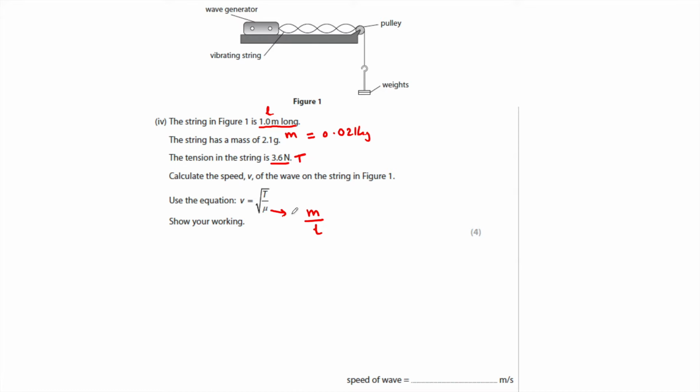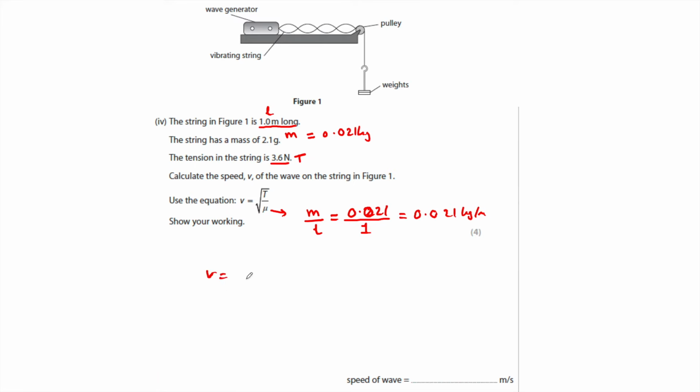So the mass per unit length is the mass of the string divided by the length, and it is in kilograms per meter. So of course the mass per unit length will be the mass of the string divided by the length of the string, which is 1 meter. So the mass per length is 0.021 kilograms per meter. And you'll get 2 marks for working that out by converting and doing that.